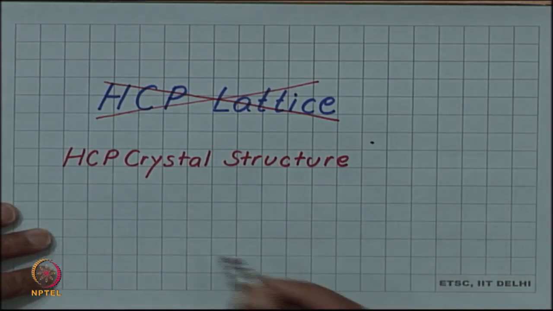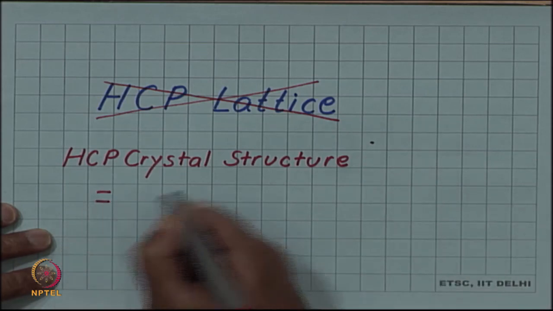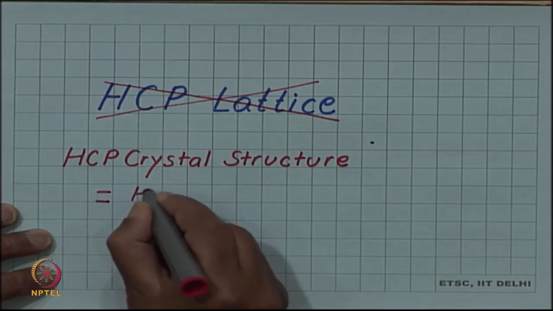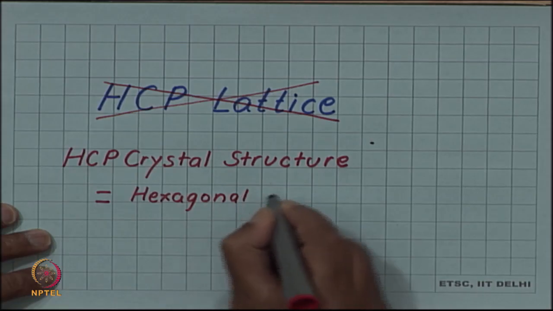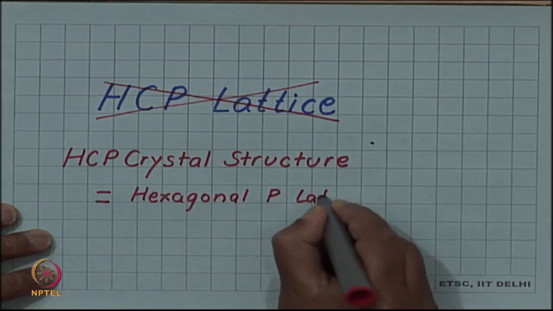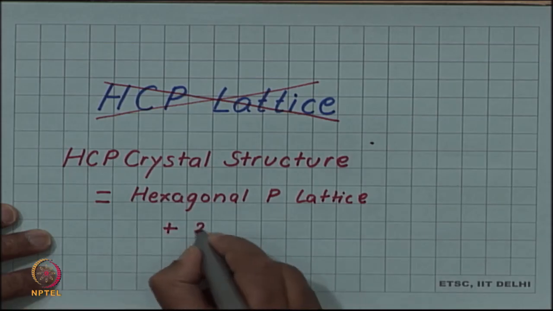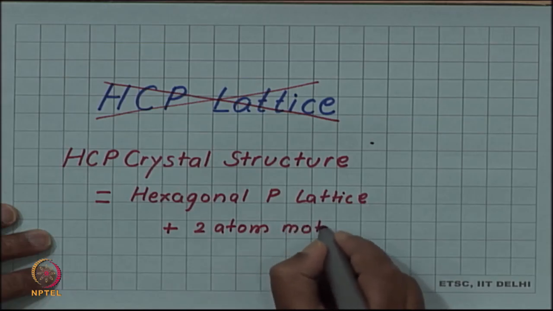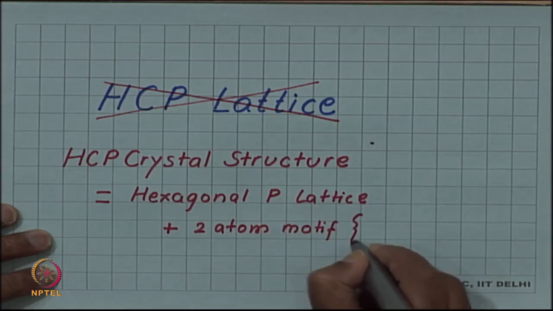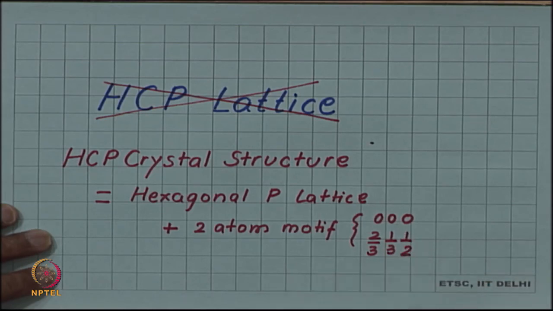So, HCP crystal structure is the correct phrase, and this crystal structure is described in terms of a hexagonal P lattice, as we saw, hexagonal P lattice, and a 2 atom motif at 0, 0, 0 and 2/3, 1/3, half.